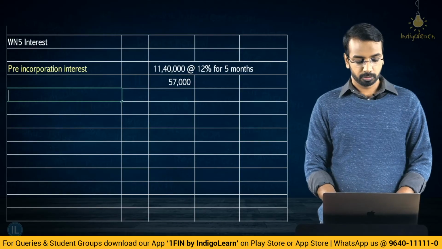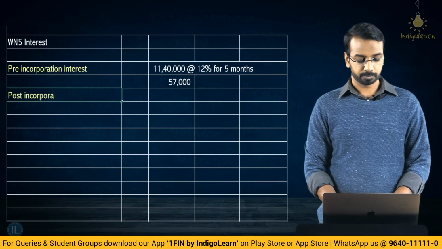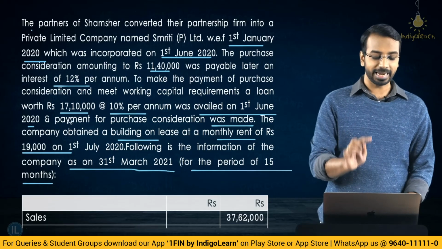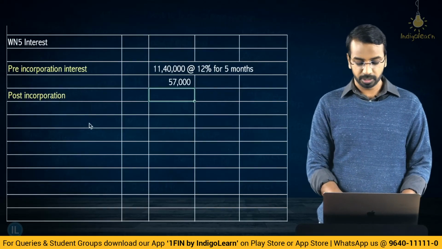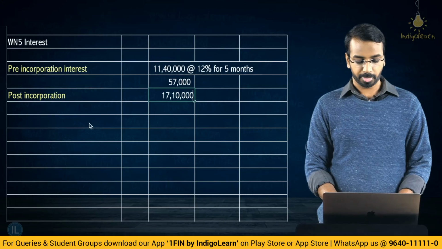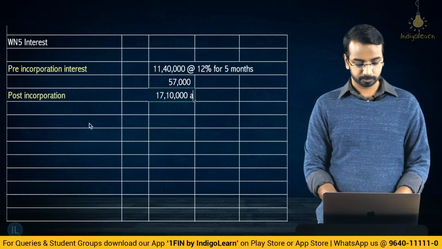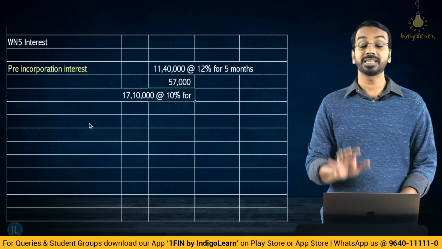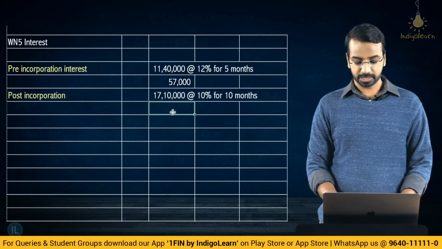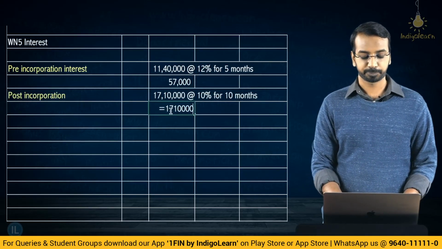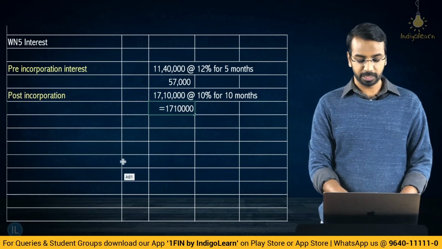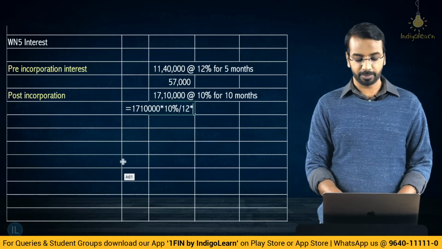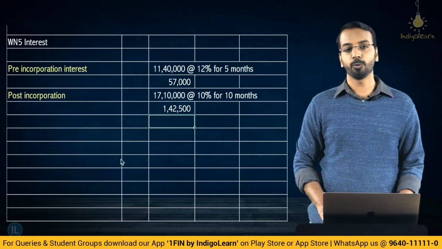Then post-incorporation, how much is that? The company had taken a loan of 17,10,000 at 10%. So 17,10,000 at 10% for how many months? 10 months, which is 17,10,000 multiplied by 10% divided by 12, don't divide by 10, okay, multiplied by 10, you get 142,500.